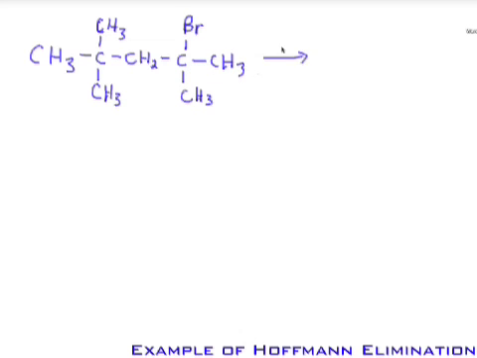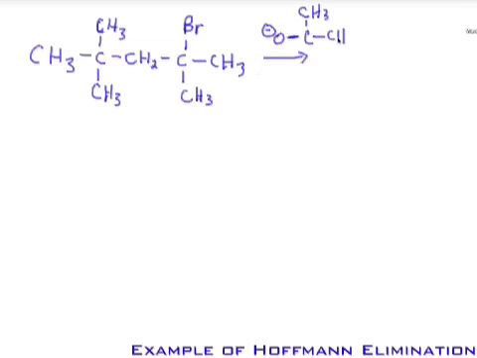So we're hitting it with a powerful base, like hydroxide. We could use a bulky base instead of hydroxide. It would work with hydroxide, but we can drive this more Hofmann-like by using a bulky base like tert-butoxide.